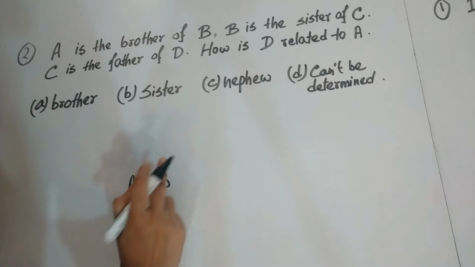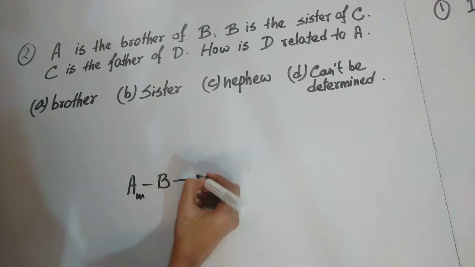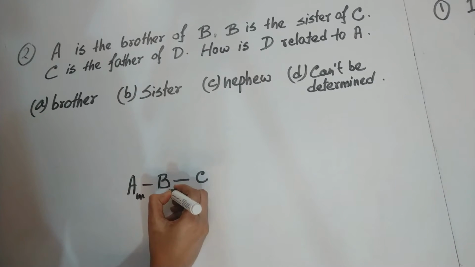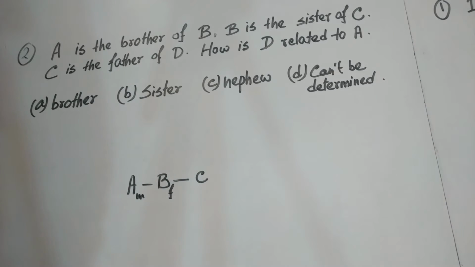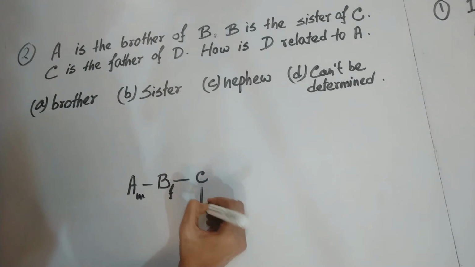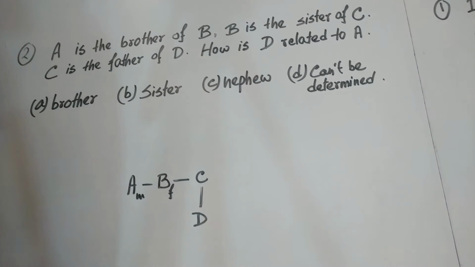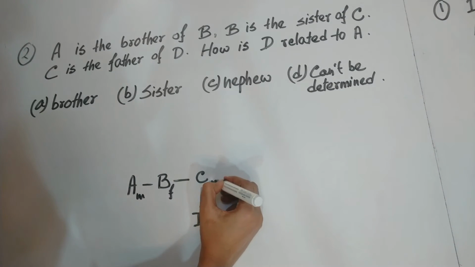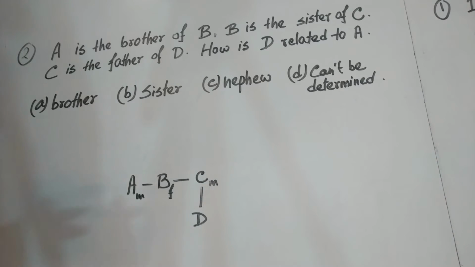B is the sister of C. B is the female member. C is the father of D. So D belongs to the next generation and C is the male member, so that C is the father of D. How is D related to A?